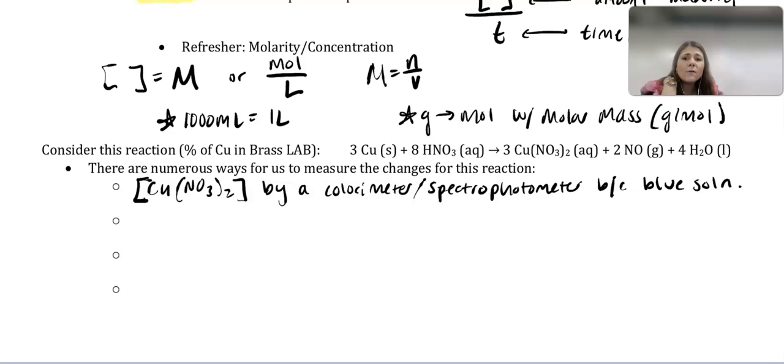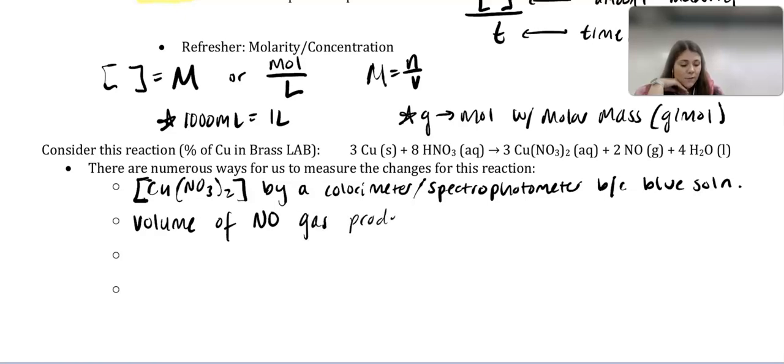Another way that we could have changed the reaction to not be about measuring the copper(II) nitrate or the copper in brass, we could have looked at things involving pressure and volume. So we could have looked at the volume of the nitrogen monoxide gas produced. Obviously, when we had that reaction occur, we just had the nitrogen monoxide get ventilated, and we weren't going to have anything to do with it.